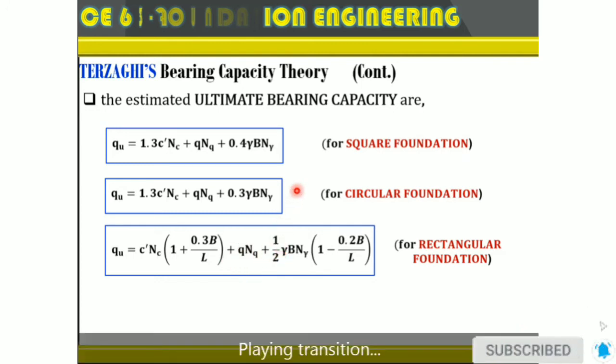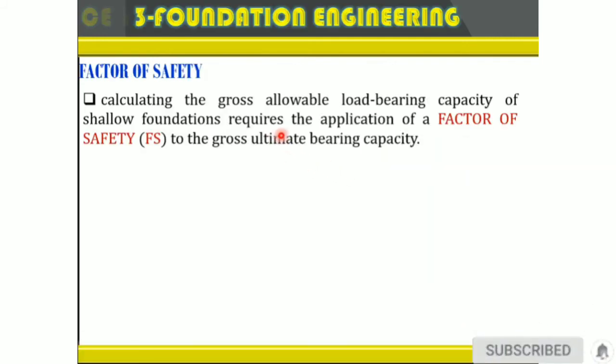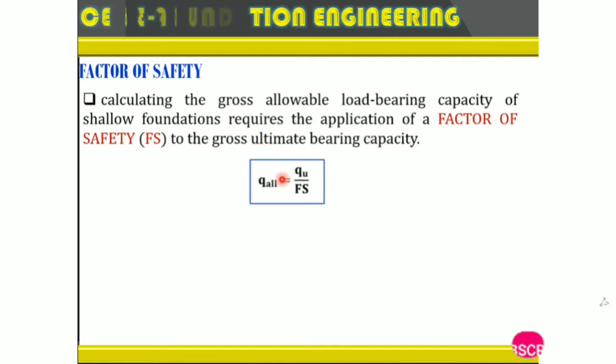With regards to the factor of safety, by definition, calculating the gross allowable load bearing capacity of a shallow foundation requires the application of a factor of safety, denoted by Fs, to the gross ultimate bearing capacity. So by formula, Q allowable is equal to Q ultimate over the factor of safety.